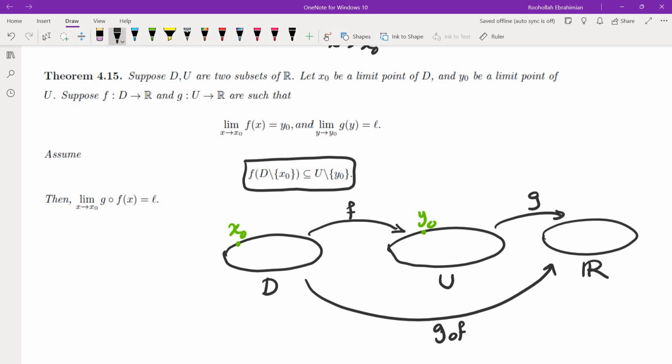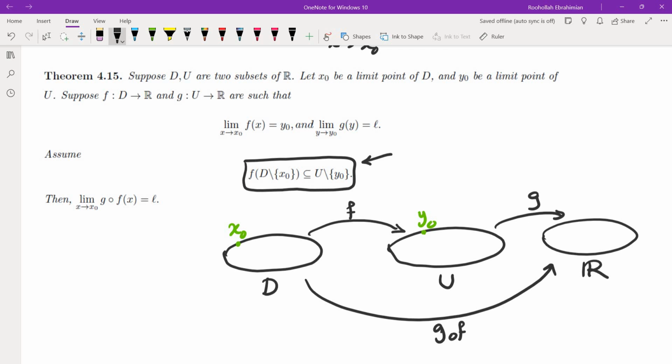This condition is the key for us to be able to talk about the composition of the two functions. We need the image of the first function to be inside the domain of the second function. If that were to be the case, then the limit of g of f of x would be L.